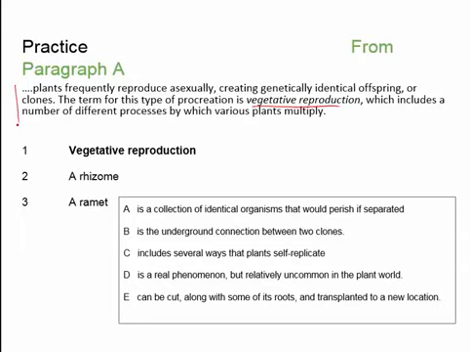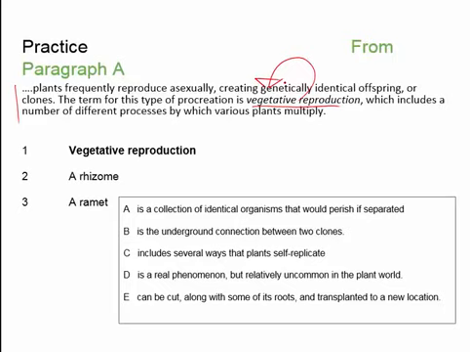The term for this type of procreation is vegetative reproduction. Okay, so vegetative reproduction is basically the definition for this process, and then it defines it further, which includes a number of different processes by which various plants multiply.